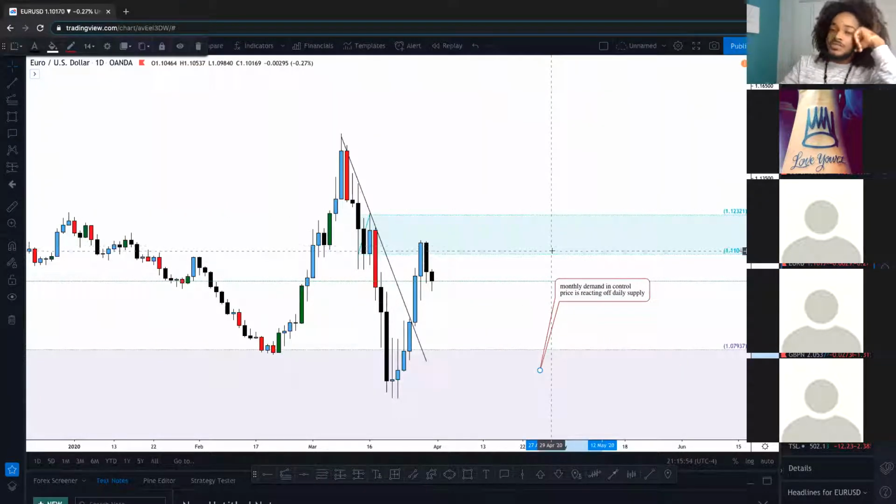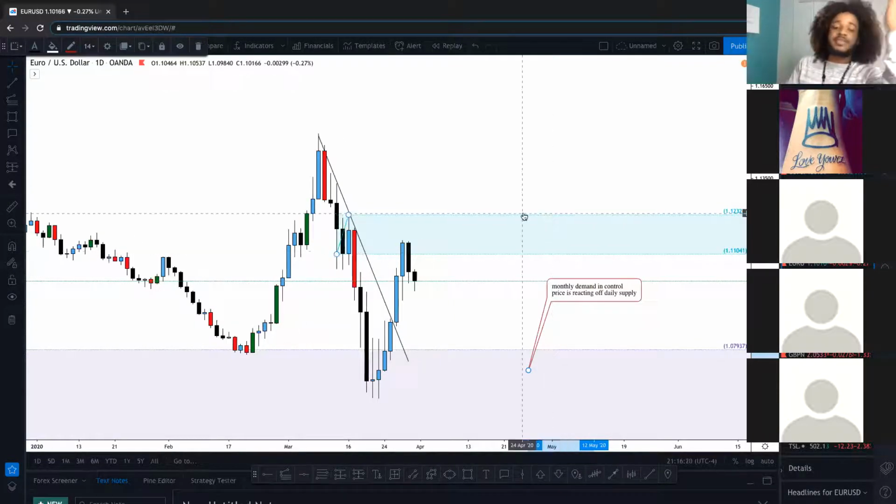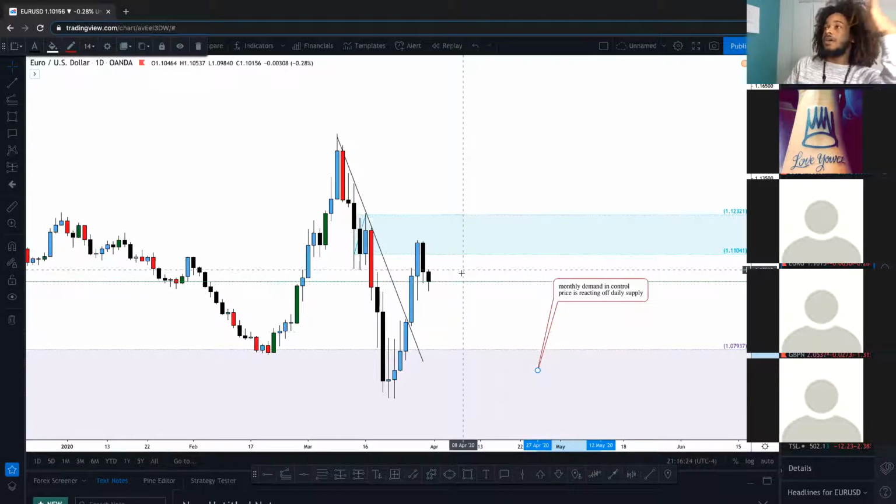So just this basic information, monthly, we know monthly demand is in control. A higher time frame always has the most influence. So even though the price might drop now, the real and true direction of the market is up, right? Based on higher time frame analysis. So we could probably take some short-term shots to our long entry, right?